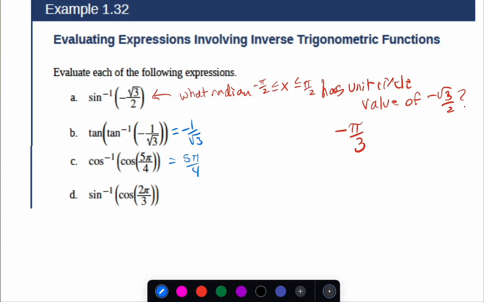Now D is different because those things aren't perfect matches. Okay, so let's look. The cosine of 2 pi over 3 on the unit circle, just think of 2 pi over 3 as 120. What is the cosine of 120? Well, that's the x value at 120, which is -1/2.